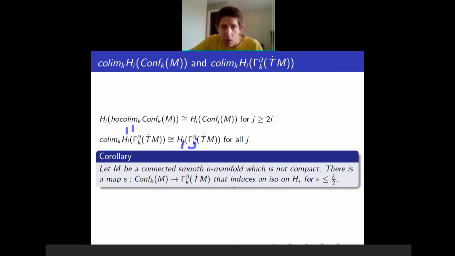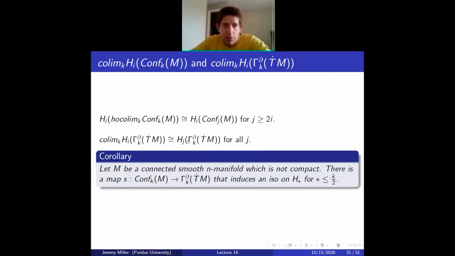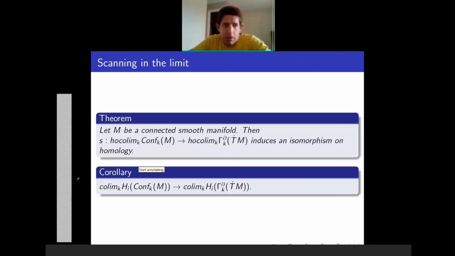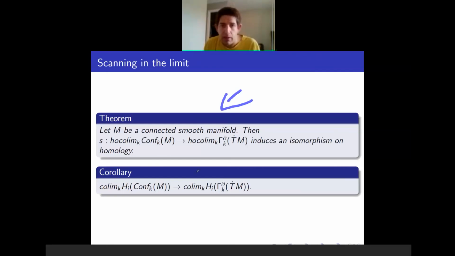So this is the theorem we wanted to prove originally. And the upshot is that because we know homological stability, we just need to prove that theorem. And that's what we'll do next time. Any questions?